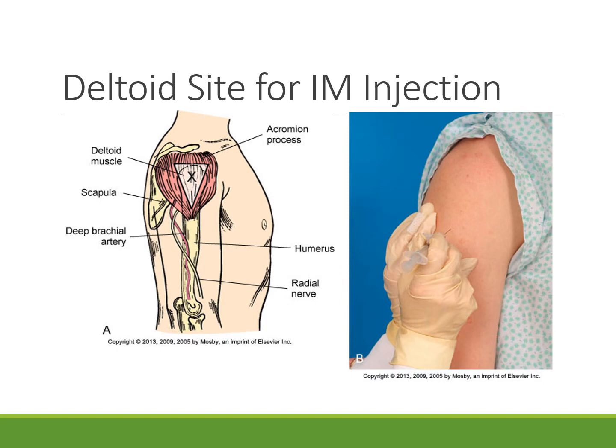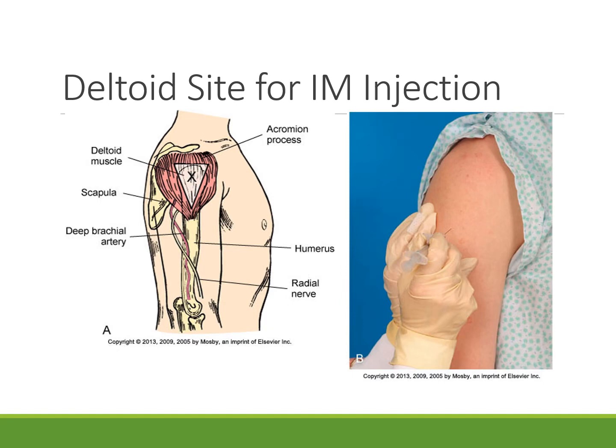So you can use the deltoid muscle either left or right because this is the easiest muscle to locate. And most of the time, it is the area or the muscle that is commonly used for intramuscular injection.